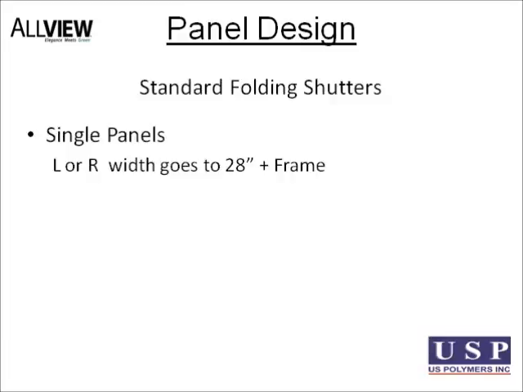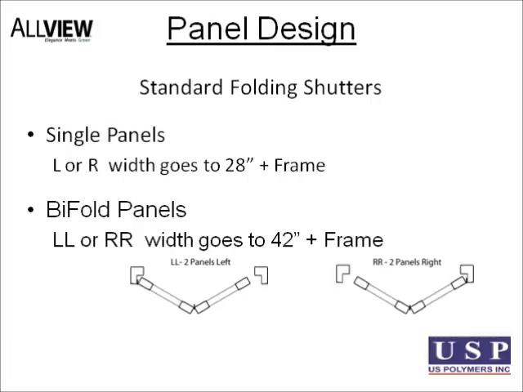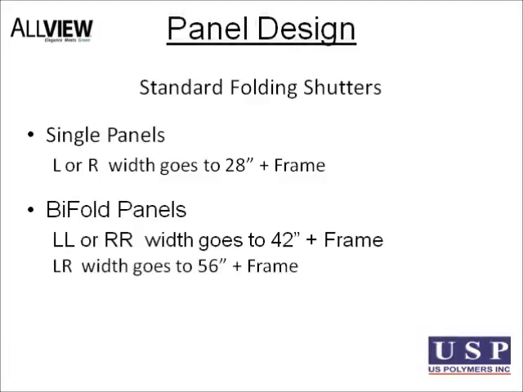Standard folding shutters with single panels fold left or right and go up to a maximum width of 28 inches plus frame. Bifold panels folding left or right go up to a maximum width of 42 inches plus frame. Bifold panels, one folding left and the other right, go up to a maximum width of 56 inches plus frame.